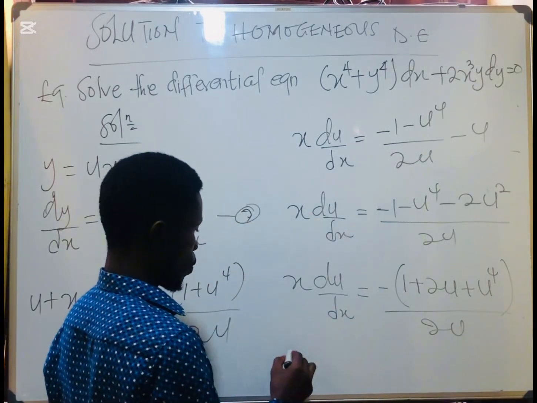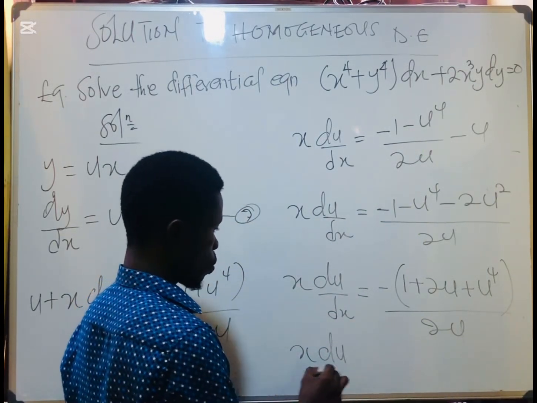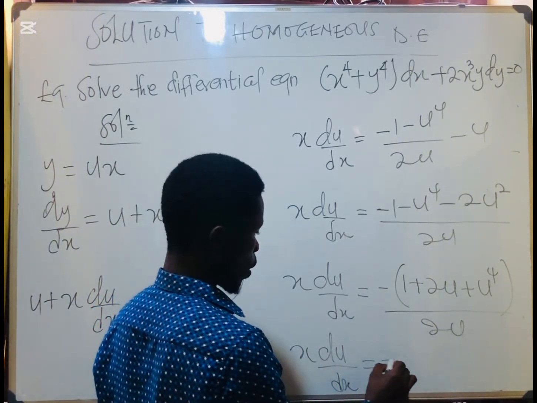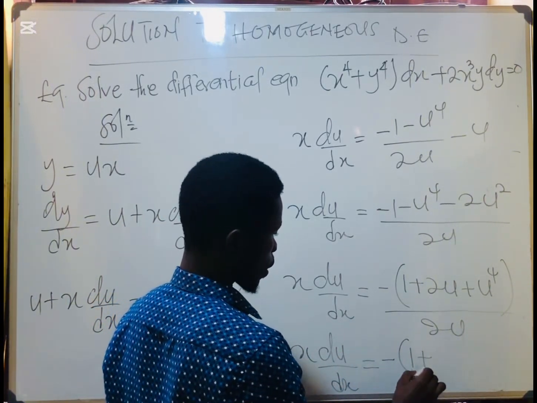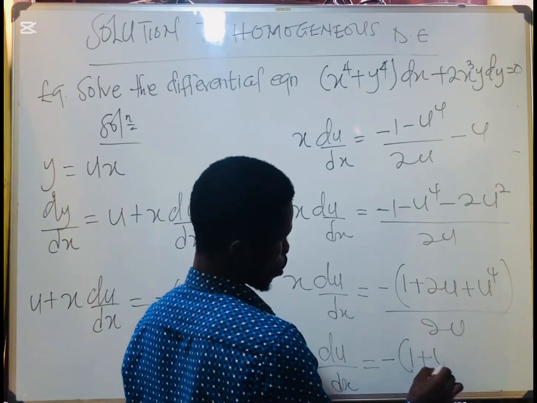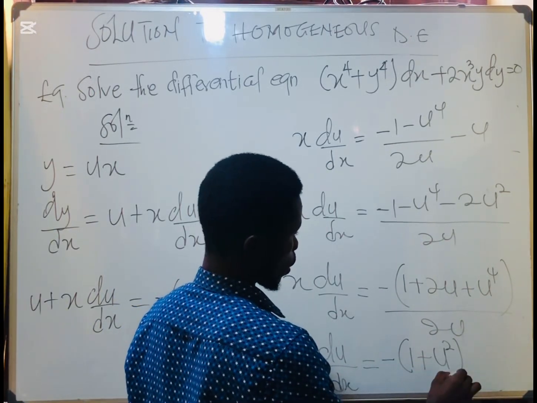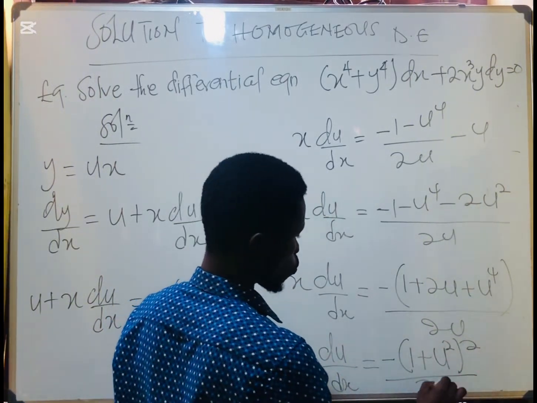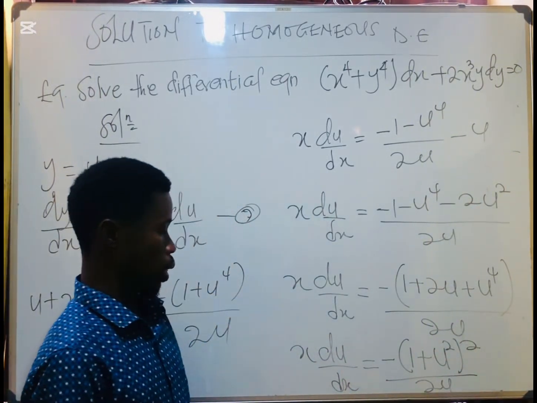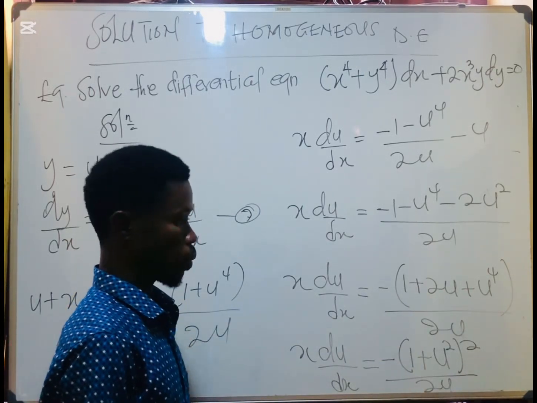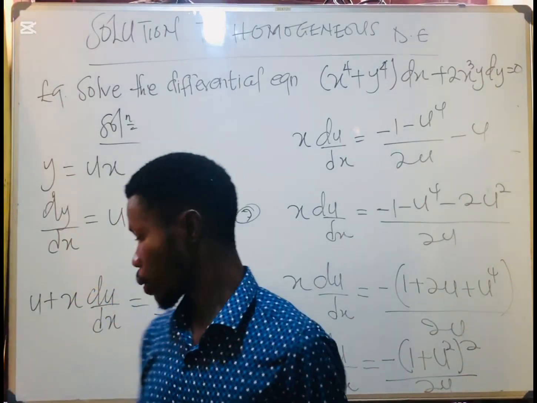This can also be written as x du/dx = −(1 + u²)² divided by 2u. If you expand this, you get this. Good. Now at this point, let's separate it.